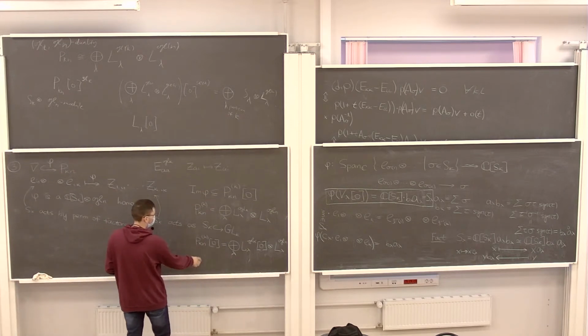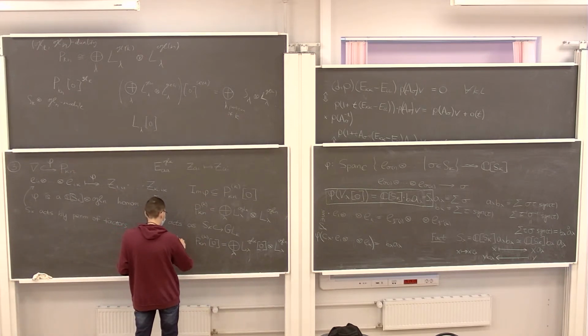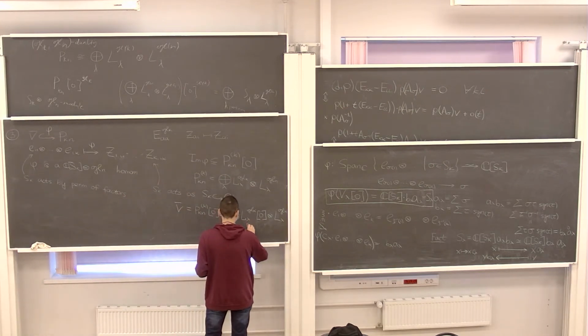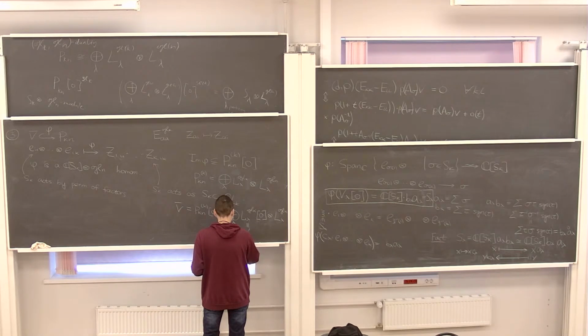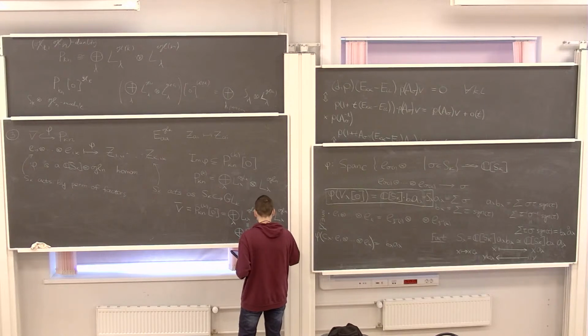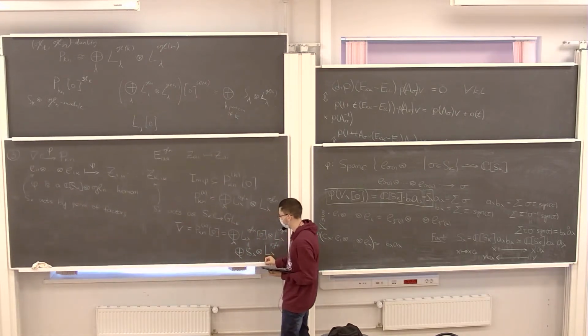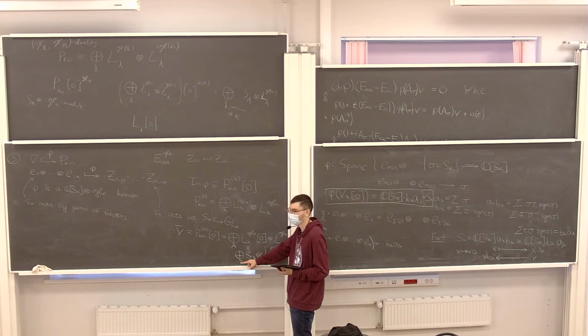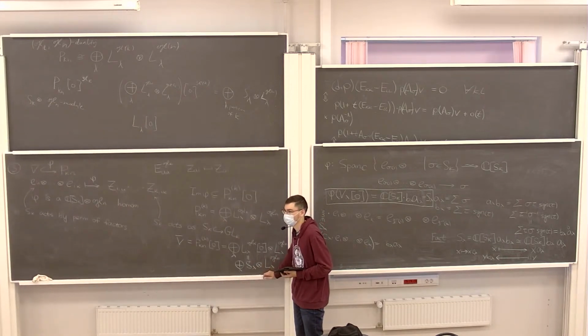Hence I have proved that it is V bar, and it is the sum over some lambdas. Of course all lambdas are partitions. Every lambda here is a partition of k, because S lambda is a representation.